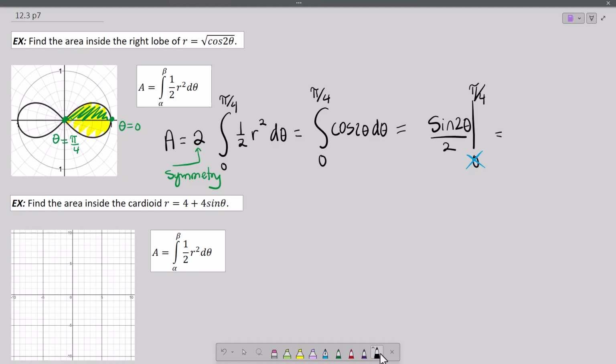So this is going to be 1/2. So that is the area of the right eyeball, the whole eyeball. So we have a new formula, 1/2 r squared d theta. That's our new formula.